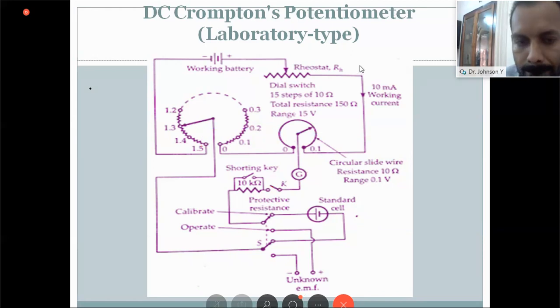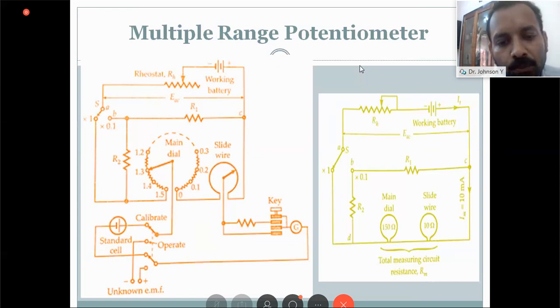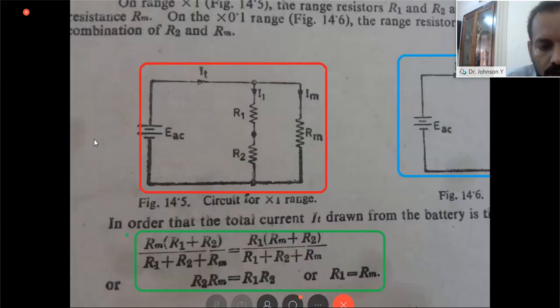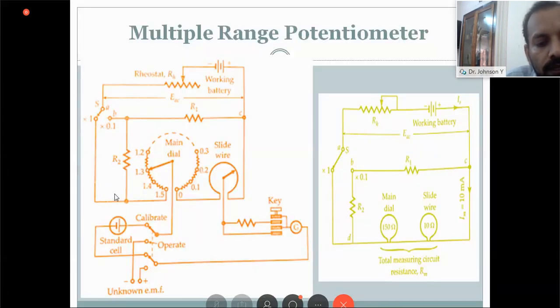Then this is a multiple range potentiometer. The multiple range potentiometer is the same as the Crompton type potentiometer, but the only difference is that here we have two positions in this switch, A and B. First, when it is connected to one position, the current flow is divided from this point.